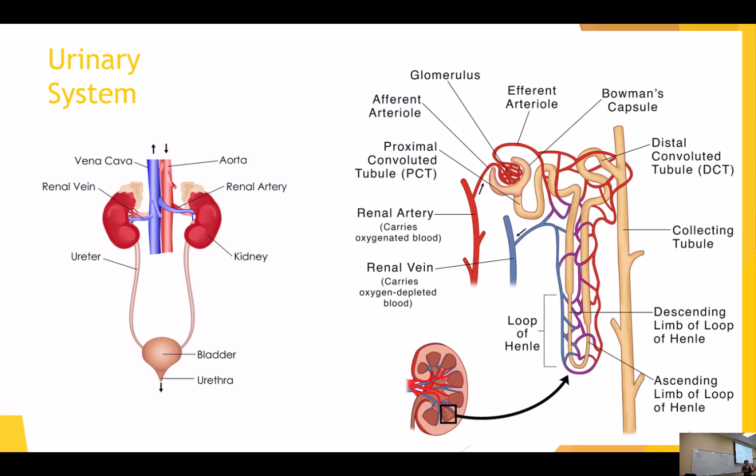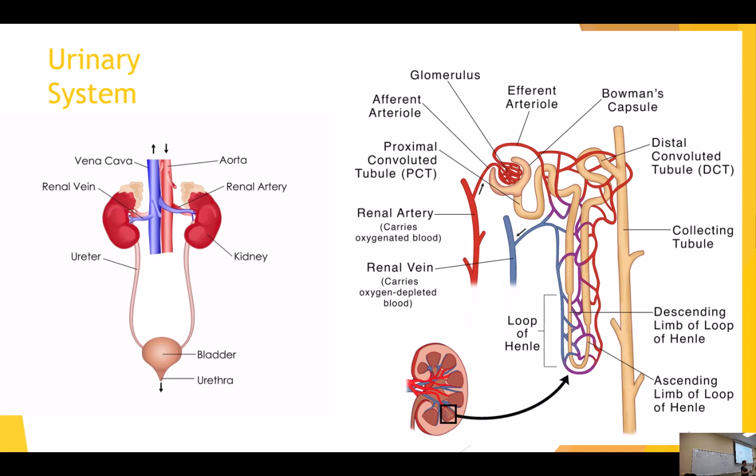All those things are going to get pulled back up by the body because the body needs those things. Think of the glucose. All that glucose can get through the glomerulus. However, the body needs glucose to function, so the body reabsorbs all that glucose at the proximal convoluted tubule. So the proximal convoluted tubule is primarily where reabsorption happens.